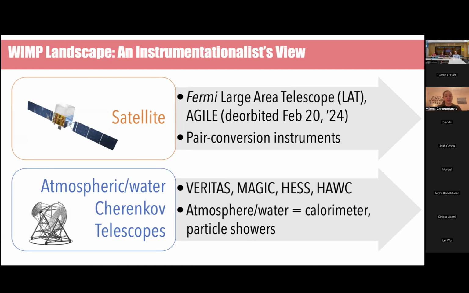And in this energy range, Fermi is a very unique instrument. Then we also have the Cherenkov telescope arrays, which are on Earth instruments that use atmosphere or water as their calorimeter and detect particle showers in order to track back the gamma ray sources.